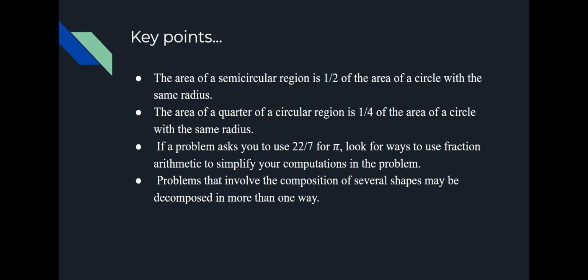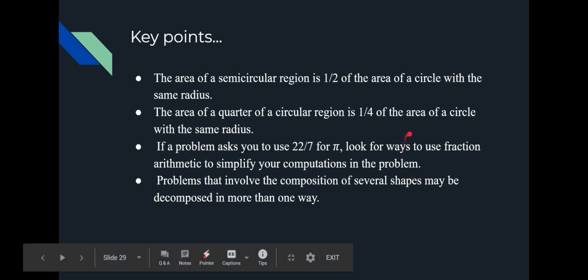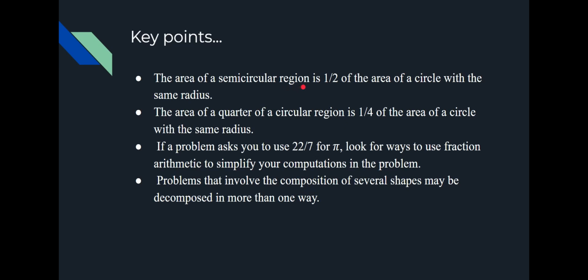All right, now we have reached the end of lesson 18, and here are some key points. Please read along with me. The area of a semicircular region is half of the area of a circle with the same radius.